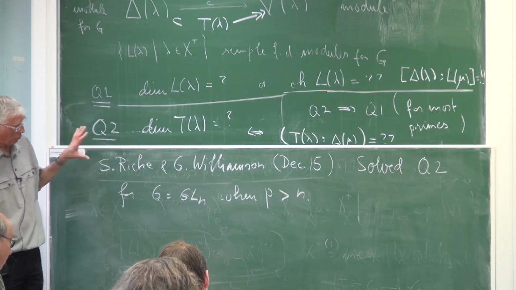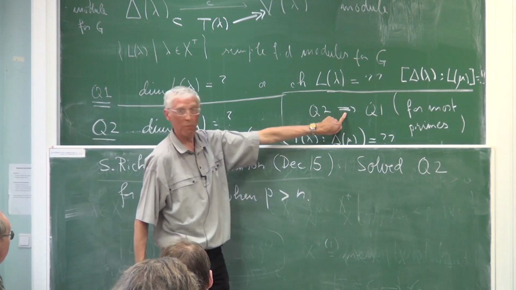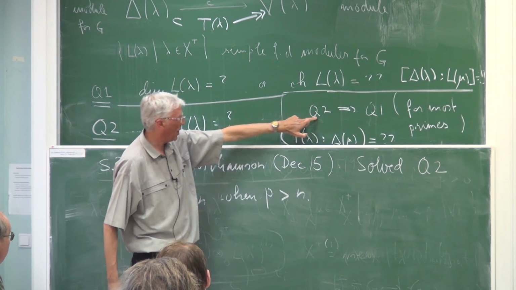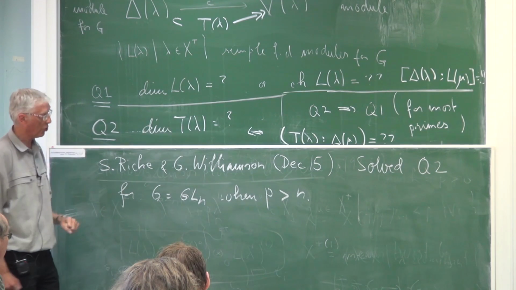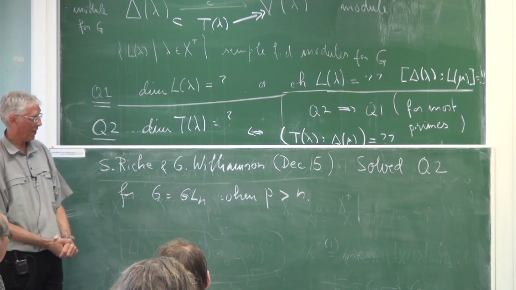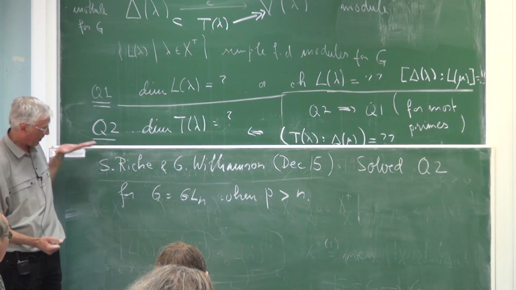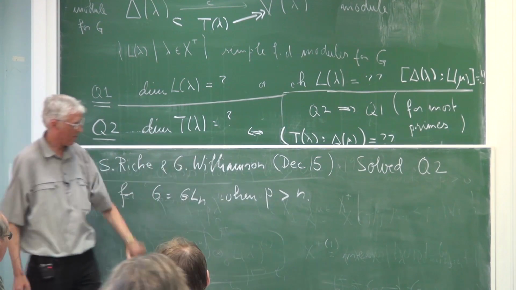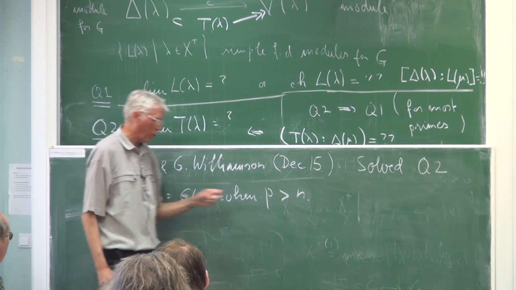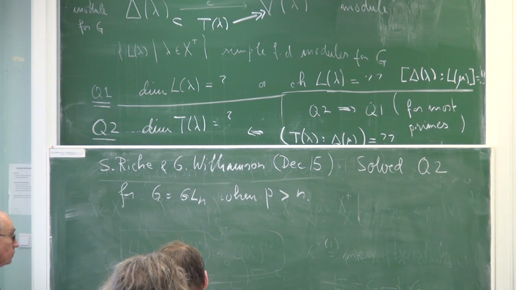One of the things I still hope to have a little time to say something about is this implication here. But let's, for the moment, believe that if we can solve Q2, then we can also solve Q1. So at least they announce now that this is fine if p is bigger than n. Now, this is still not quite satisfactory because you really want to solve it for all GLn.